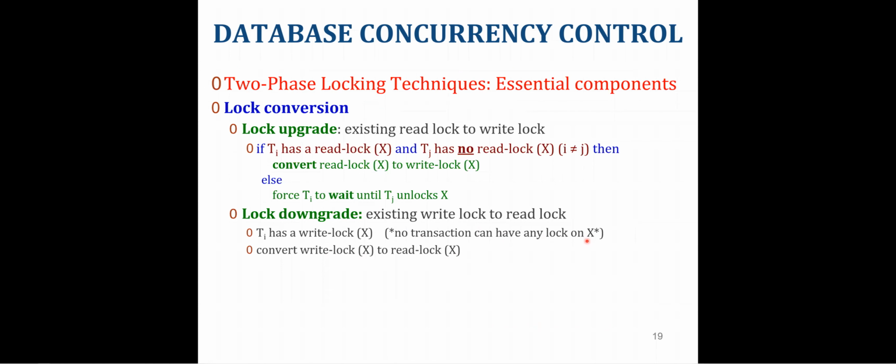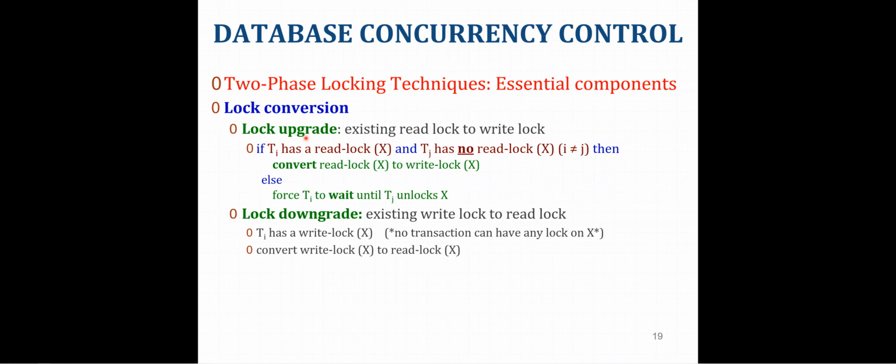The last concept that we want to talk about today is lock conversion. It simply says you can upgrade a lock or you can downgrade a lock. If you have a read lock, see here it says existing read lock to write lock. If you want to upgrade, we know that read has fewer privileges compared to write, right?